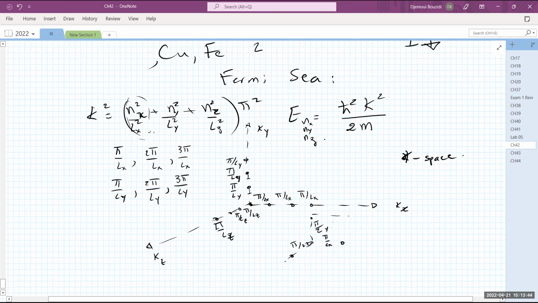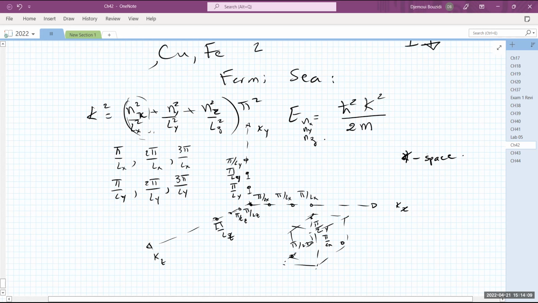Okay, so it's going to form a cube with these sides. Not necessarily a cube, I don't know what you want to call it, when the sides are not the same. So we took the case of the cube, but the point being in here, it works for any geometry in this case.